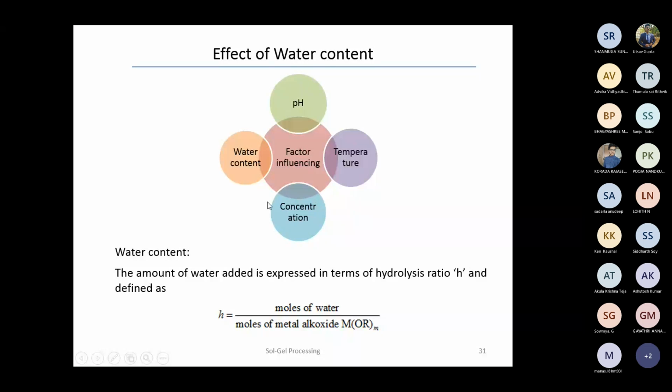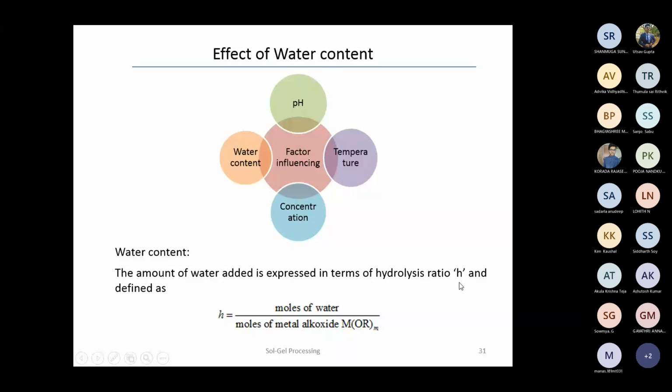And the amount of water added is expressed in terms of the hydrolysis ratio H, defined as H equals moles of water over moles of metal alkoxide. With that ratio, we can calculate the amount of water added.